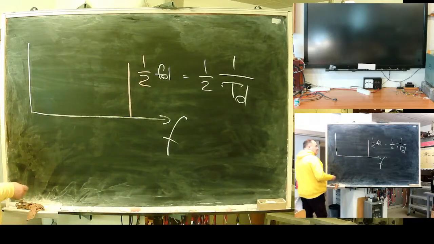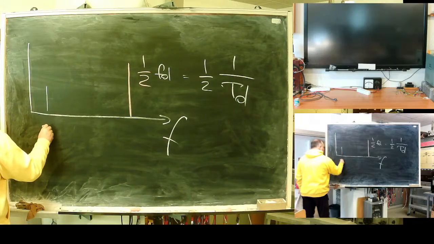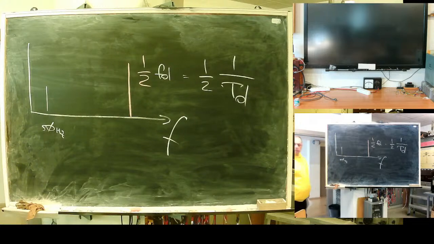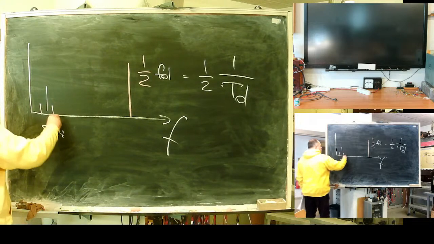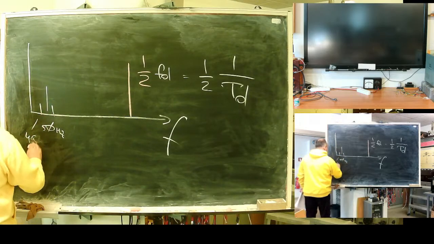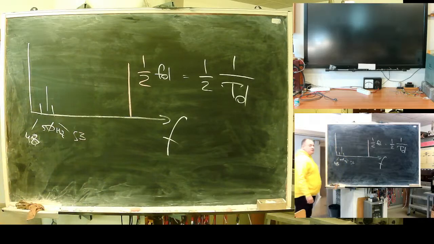Look here. For example, let's take an outline at 50 Hz. Your base signal you need to process. Actual range from 48 to 53 is sufficient for, let's say, common application.